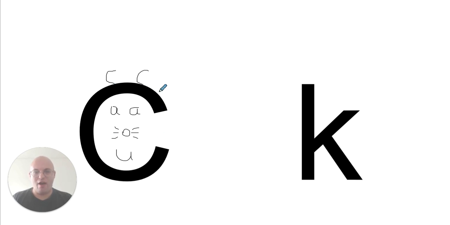And here we have our cat. And this shows us that we use the letter C before A because we have A as the eyes, O because our nose is a little O with whiskers, of course, and U because our little smiley face mouth is the letter U, and a consonant because we have C's for consonants for the ears.